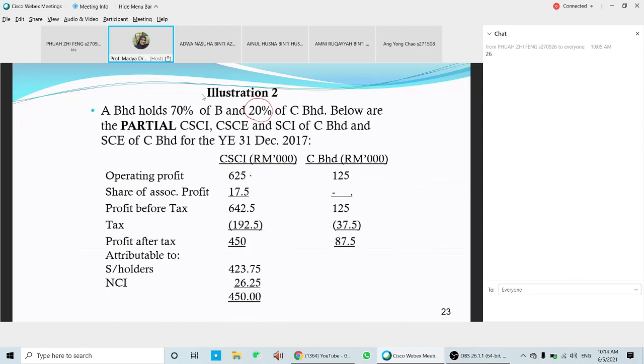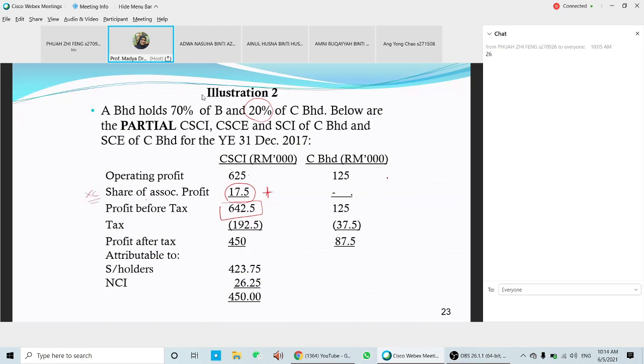Focus on this one, share of profit in associate. When you calculate the profit before tax here, you already include this amount. Remember that this amount is not a cash item, so we need to exclude it.